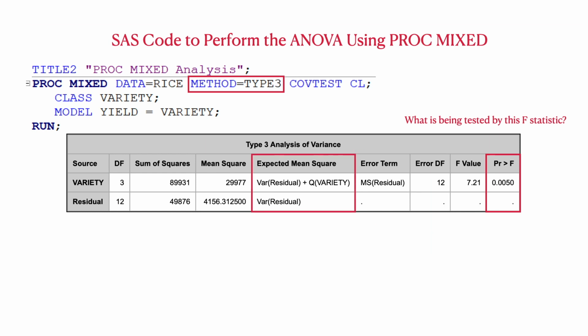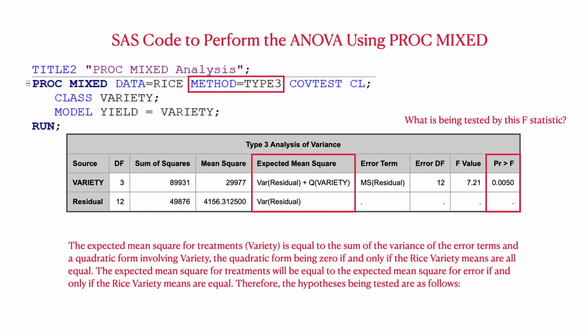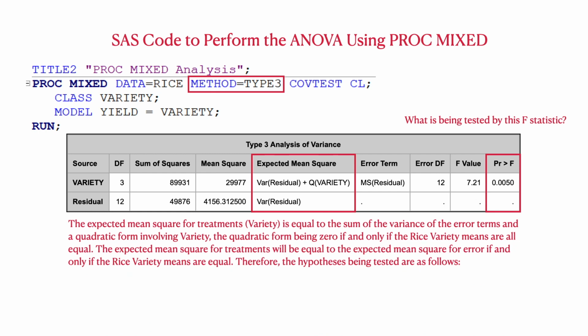Well, to answer that question, we need to look at the expected mean square column. When we look at the entries in that column, we can see that the expected mean square for treatments, that is variety, is equal to the sum of 2 components: the variance of the error terms and a quadratic form involving variety.